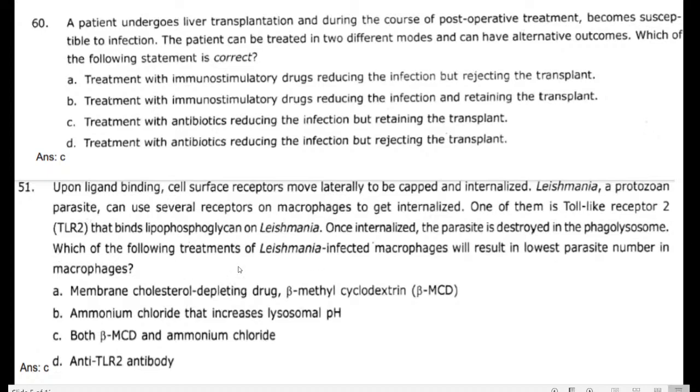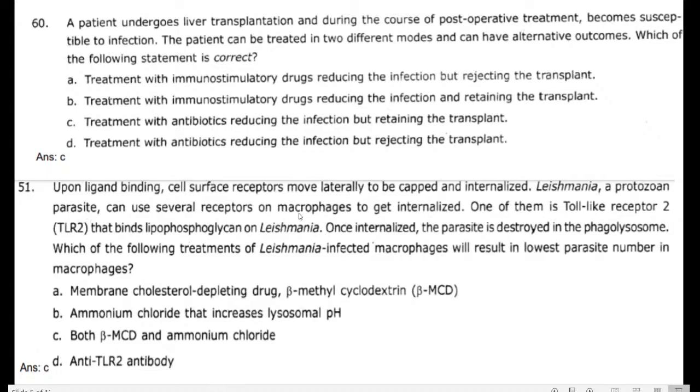Which treatment of Leishmania infected macrophages will result in the lowest parasite number? The reason is both beta-MCD and ammonium chloride. When macrophages are treated with beta-MCD and ammonium chloride, this treatment helps lower the number of parasites in a macrophage.